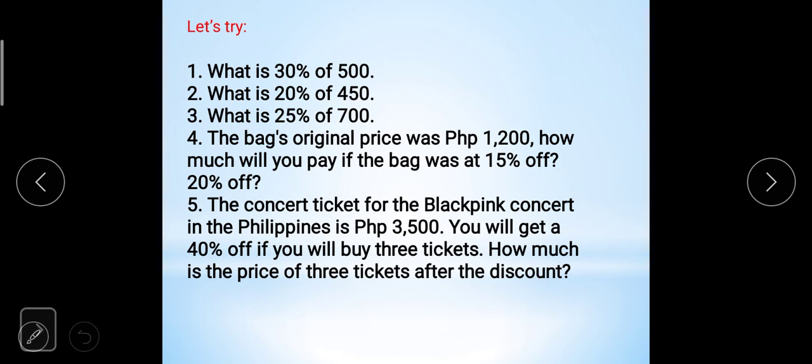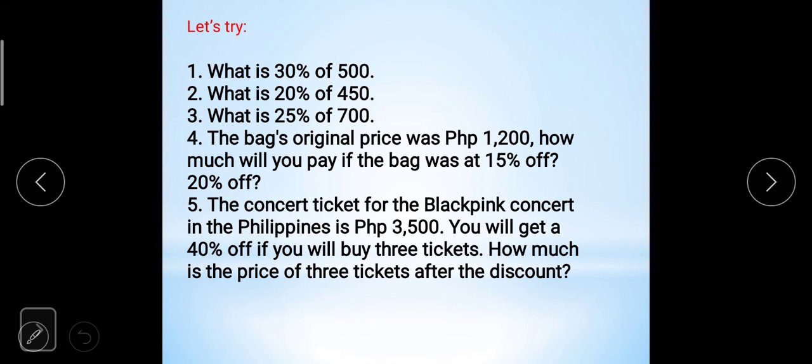Okay. So we have to find out how much you will pay if the bag was at 15% off, and we need to find out how much the bag's price would be if it's 20% off.